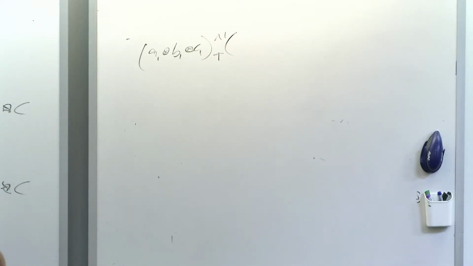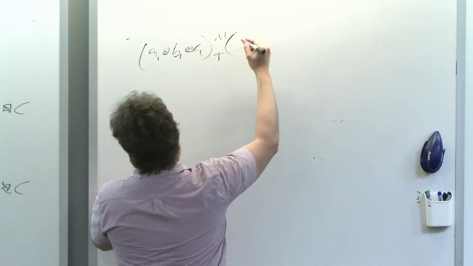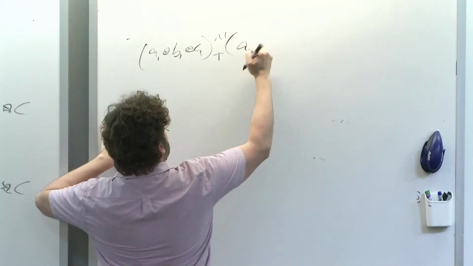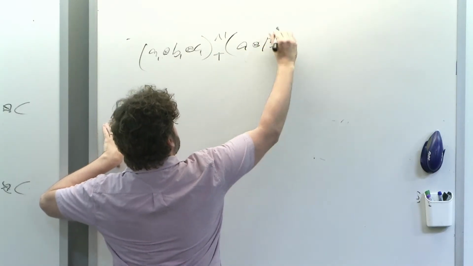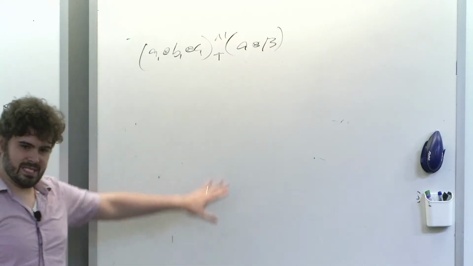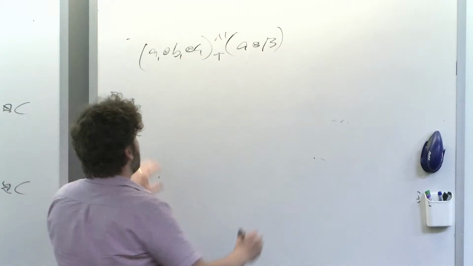So maybe I want to compute the dimension of the image. I'll apply it to some element in A tensor beta. This is a rank 1 element of the domain, in a spanning subset of the domain, but one that's particularly convenient to compute the image of.